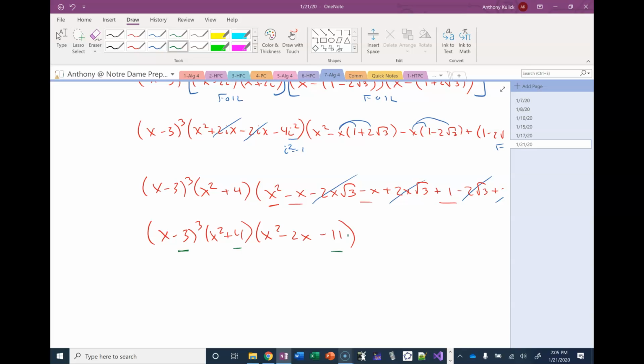Everybody can see that? Again, remember I can get the leading term by multiplying the leading terms. I can get the constant term or the trailing term by multiplying the last terms, right? However I multiply that out, I know I'm going to have to multiply all the firsts together. That'll give us the biggest degree thing, and all the lasts together. That'll give us the lowest degree thing.